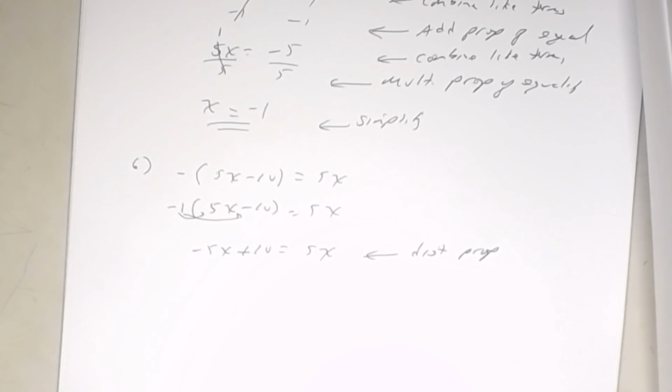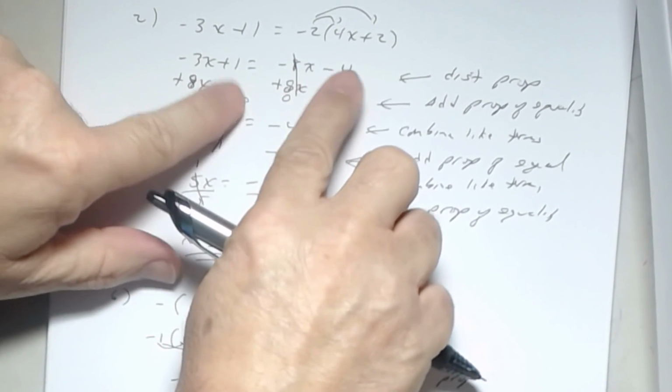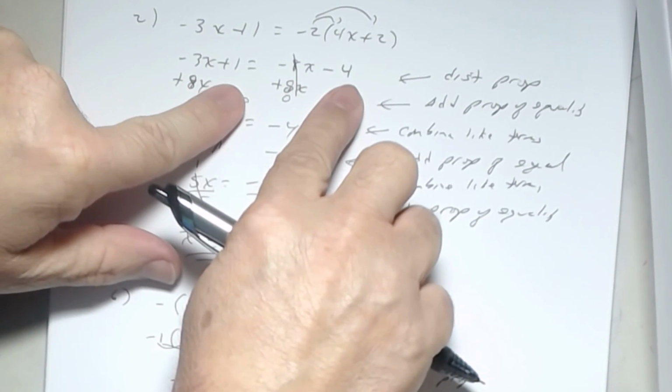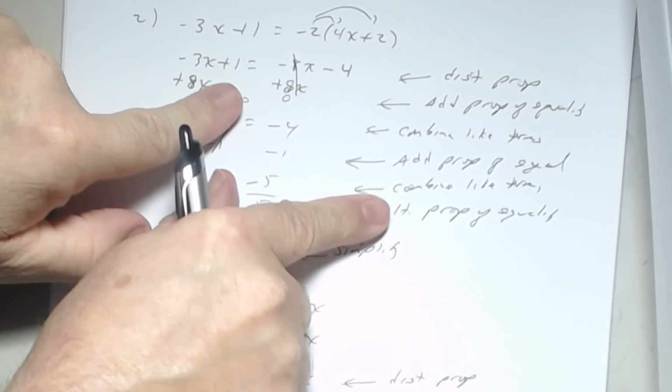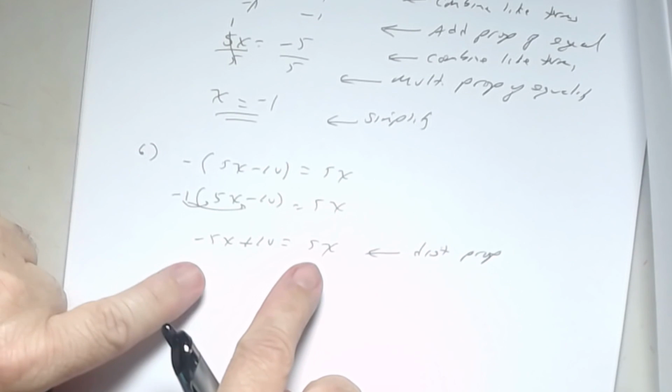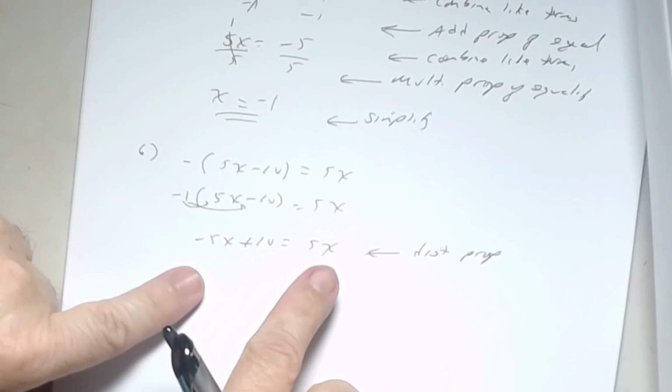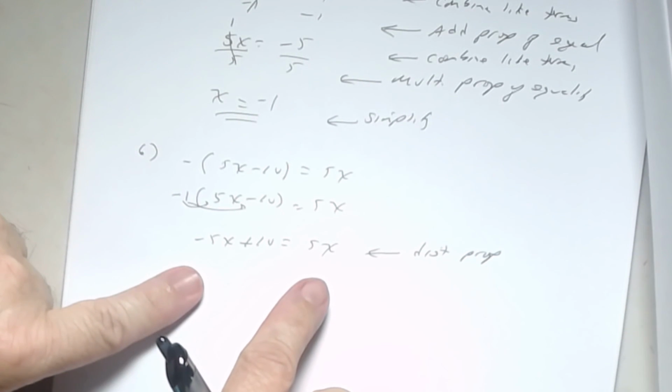Then the next step, remember, usually, not always, the next step is to combine like terms, but can I combine like terms on either side? No. So then the next step is to use the addition property of equality. Now, look, in the previous problem, you had variables on both sides, constants on both sides. And so how many times did I use the addition property of equality? Twice. Here, though, I don't have constants on both sides. I just have the constant located where?